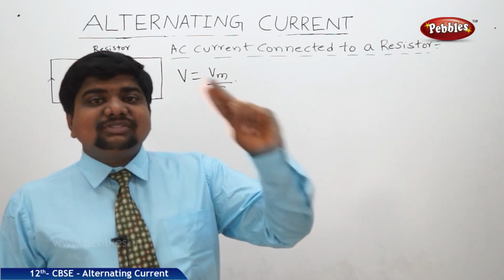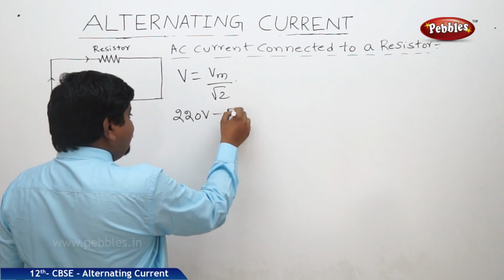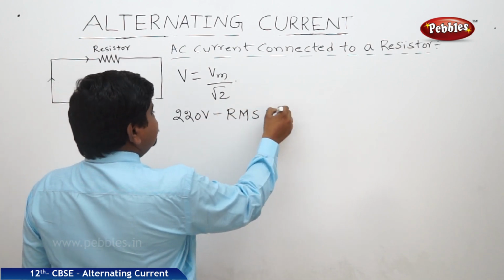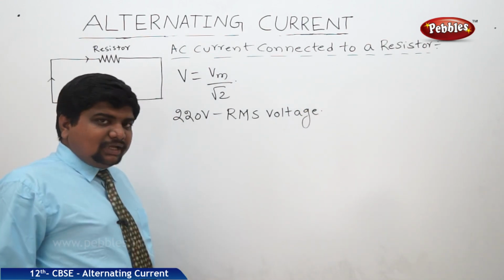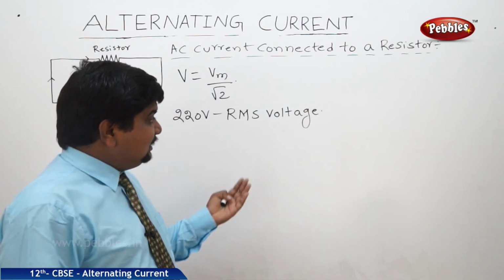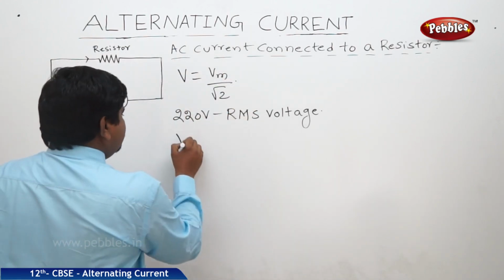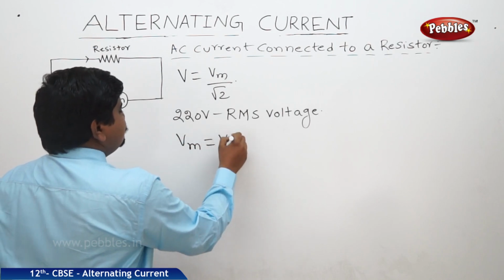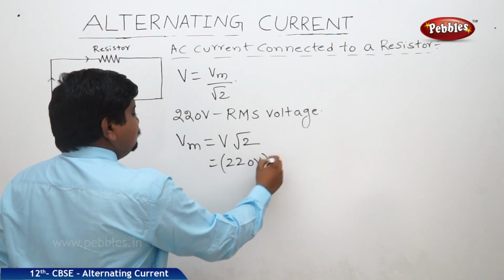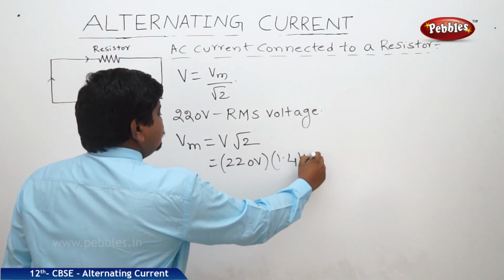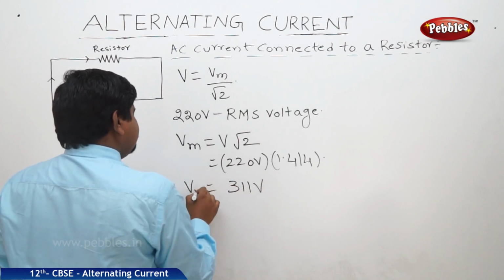That is the RMS voltage. The voltage value you get as a reading is an RMS value. But how much is the maximum value? Therefore, maximum voltage is equal to V into root 2, where V is 220 volts and root 2 is 1.414, so approximately we get 311 volts.